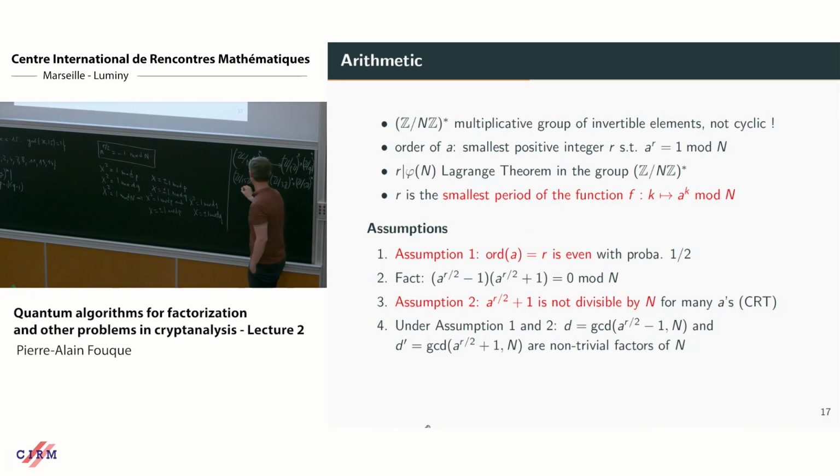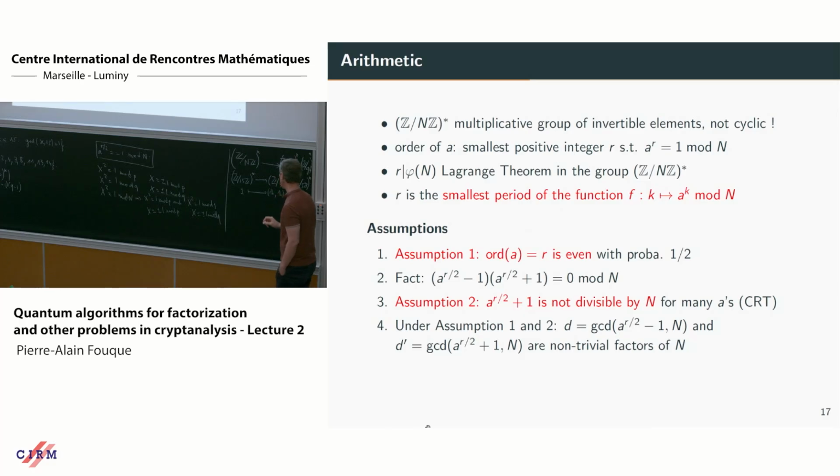Okay, so you can take 1, and 1 mod 15, you write it mod 3 and mod 5. Okay, so here I have 1, I compute mod 3, so it's 1, and if I compute mod 5, it will be 1.